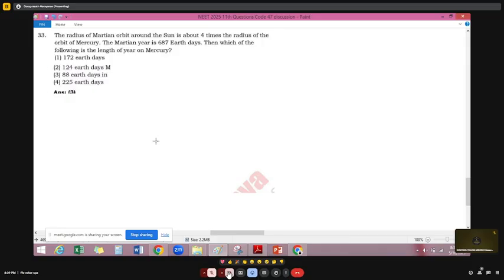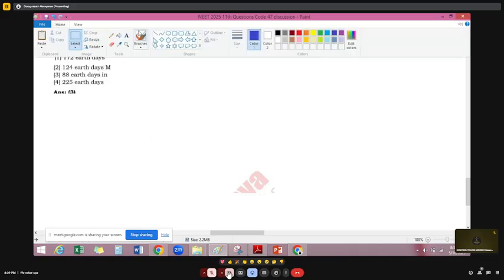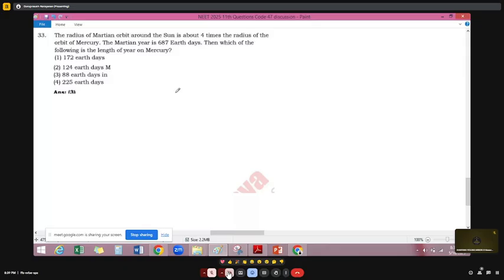This is also a very easy problem, right? Only thing, the system is different here. Radius of Martian orbit around the sun is about 4 times the radius of the orbit of Mercury. So Sun is here, Mercury is here, Venus is here, Earth is here, Mars is here.